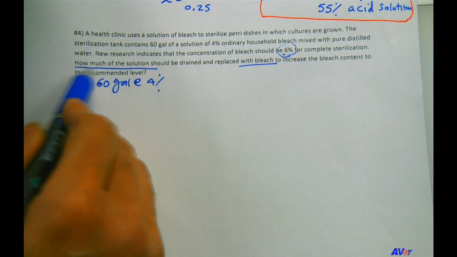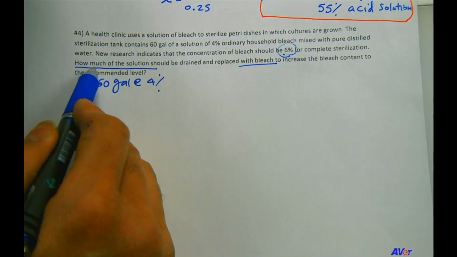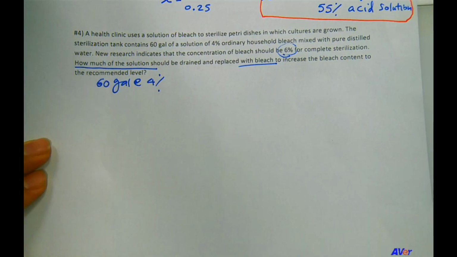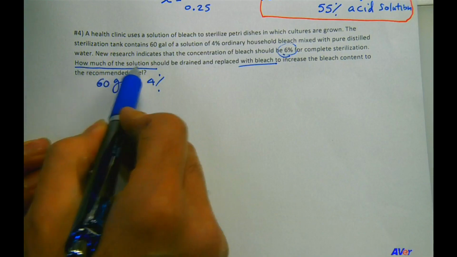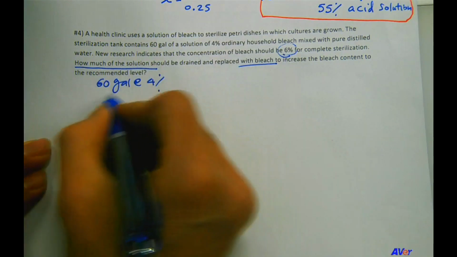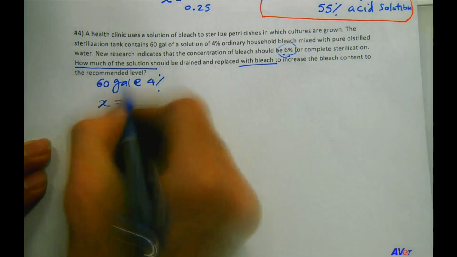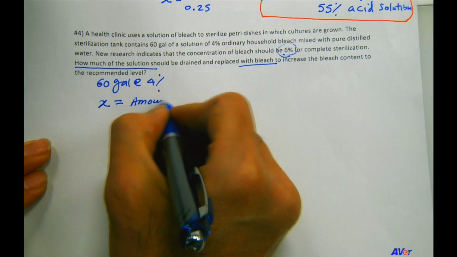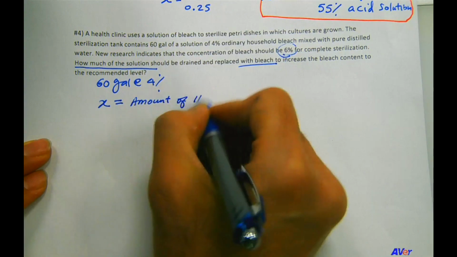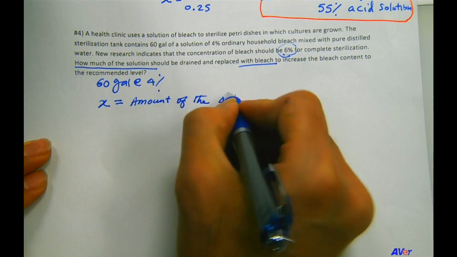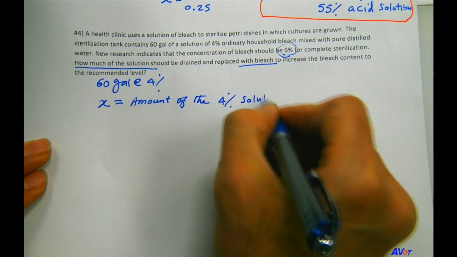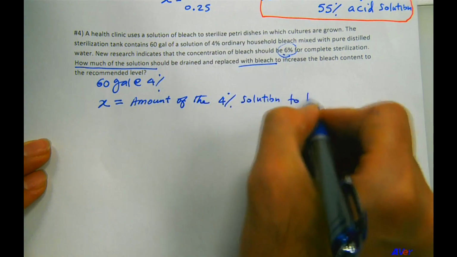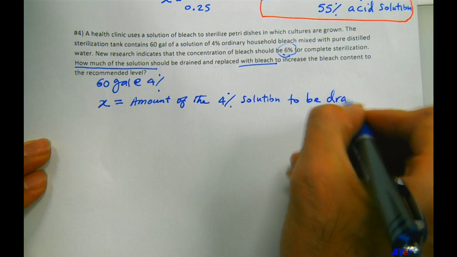Because of this phrase, how much, it tells us that we need at least one variable. How much of the solution should be drained? So let's introduce a variable and call it exactly that: X, the amount of the 4% solution to be drained.